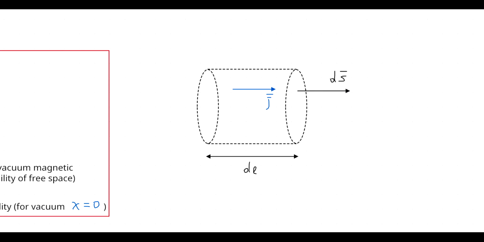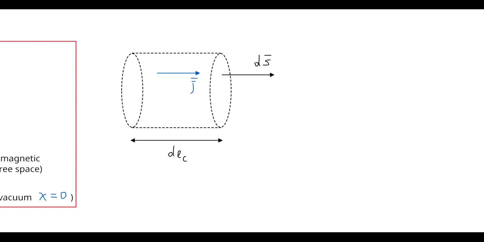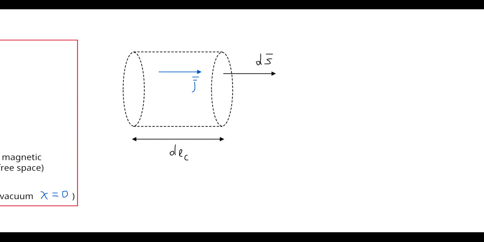It is also necessary to define a vector dlc, and the absolute value, the modulus of this vector, is equal to the height of the cylinder, dlc.